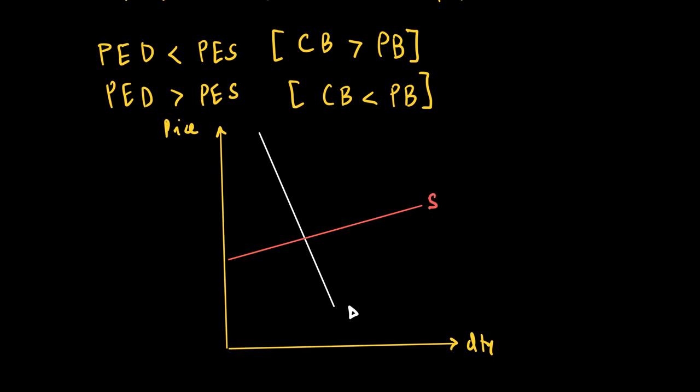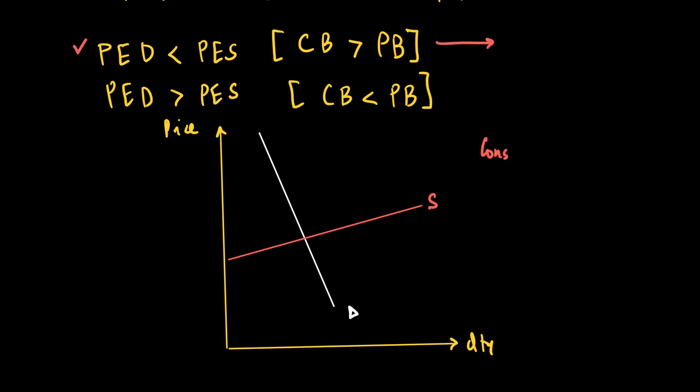So without much trouble, I notice that demand is more inelastic than supply, which is elastic. Clearly the case is that PED is less than PES, and therefore consumer will pay a higher burden of the tax.